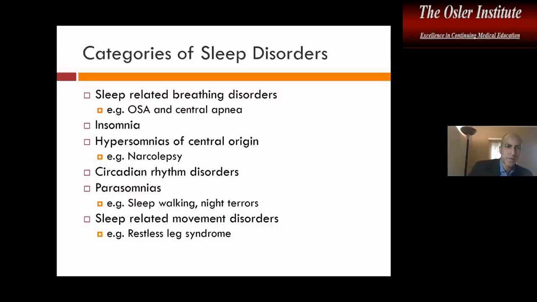And parasomnias are any kind of undesirable movement or some kind of subjective phenomenon that can occur during sleep and can result in an EEG change. Sometimes that can occur while waking up or just during sleep itself. For example, think about things with different autonomic symptoms, problems with sleepwalking or night terrors.